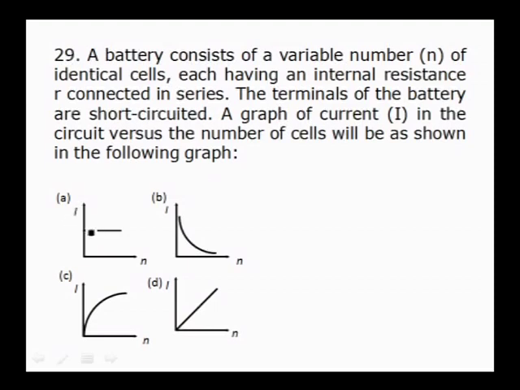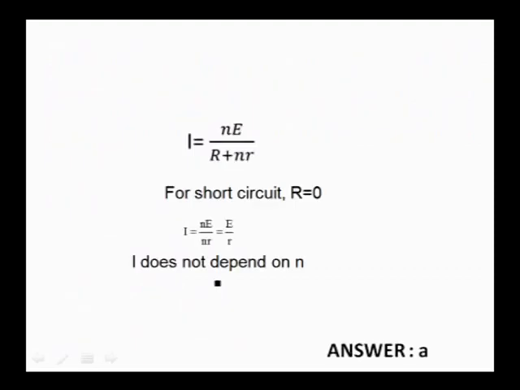See, option A is parallel to the x-axis, that is the number of cells, option B decreases, option C increases, option D also linearly increases. But we have I is equal to NE divided by R plus Nr. This is the current expression when N cells are connected in series, where NE is the effective EMF, Nr is the effective internal resistance and R is the external resistance.